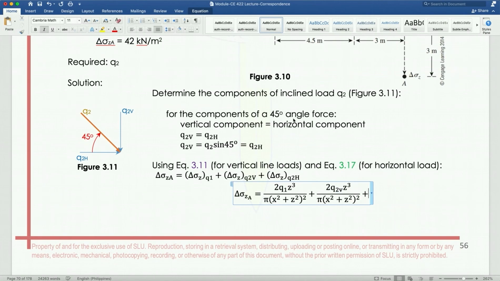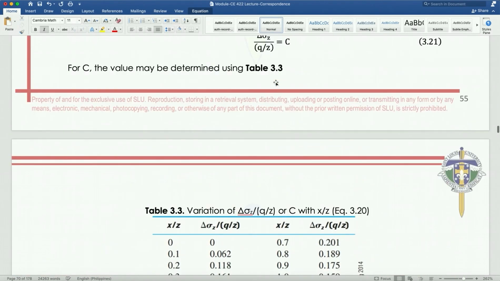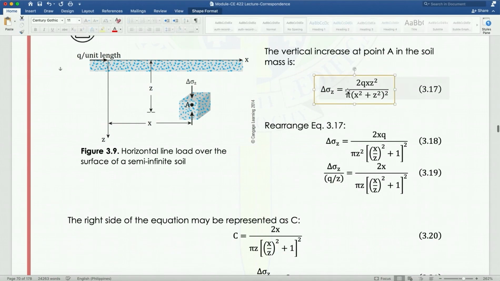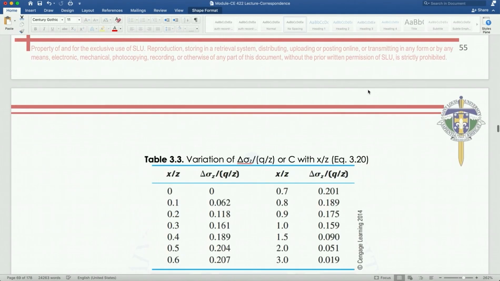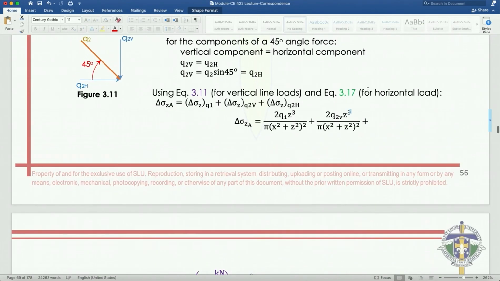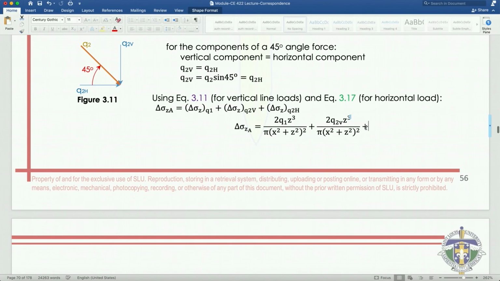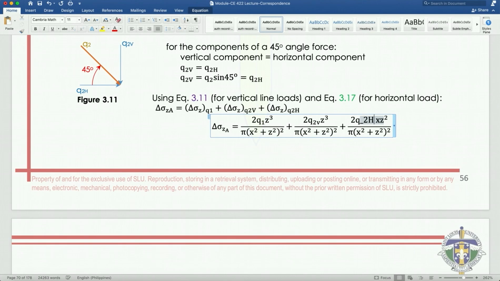Then our working equation for the horizontal is this one, so we copy it and paste it here. This is for Q2 horizontal.